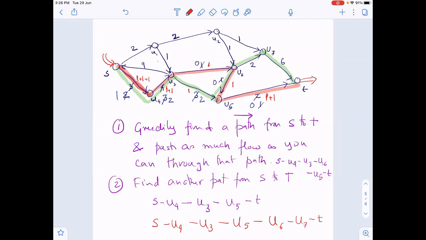Fine, extra. I am sending 1 unit from here to here. That's also fine. Here also I'm sending 1 unit extra. But after coming here, I'm saying that, okay, you take back your unit. So I'm pushing minus 1 unit over here. I'm going opposite to the flow. And then I'm pushing 1 unit from here and 1 unit from here. And amazingly, see that this Kirchhoff's rule, which is basically that no stagnation is allowed at any node, is satisfied.